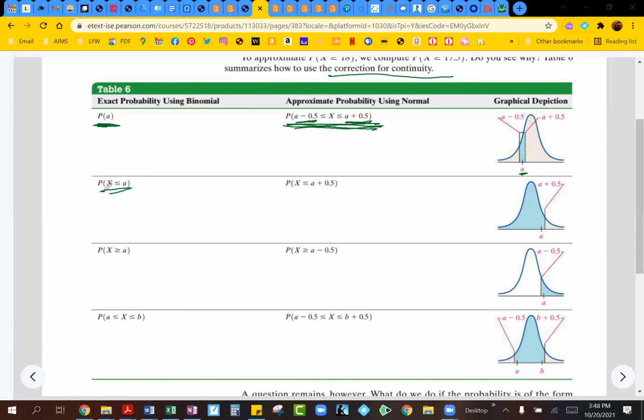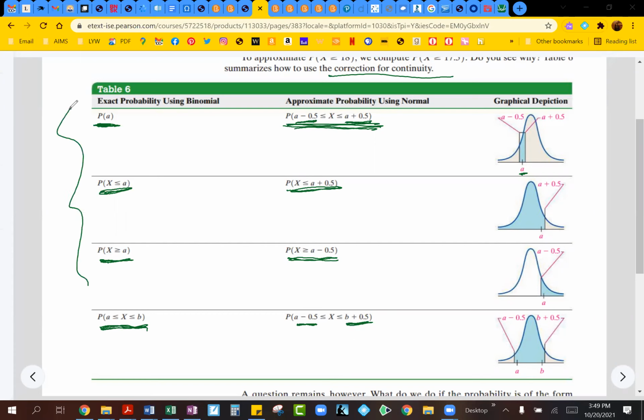If the probability is for a number less than or equal to A, you add 0.5. If you have a probability for a number greater than or equal to A, then we subtract 0.5. And if it's between two values, between A and B, from the A value you subtract 0.5, and from the B value you add 0.5.